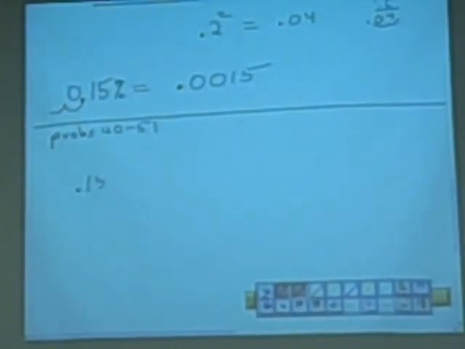Now this is 0.15, and we're going from decimal to percent. And so, when we're going from decimal to percent, we're moving that decimal point 2 places to the right. So that becomes 15%.